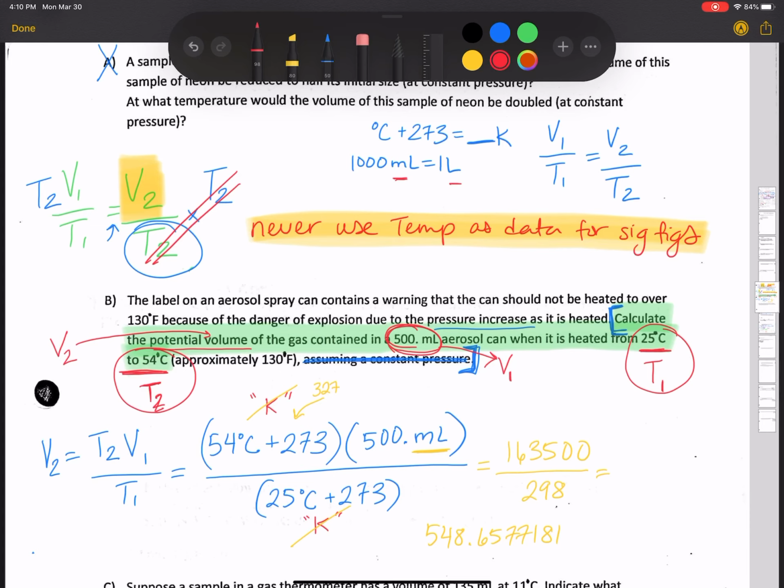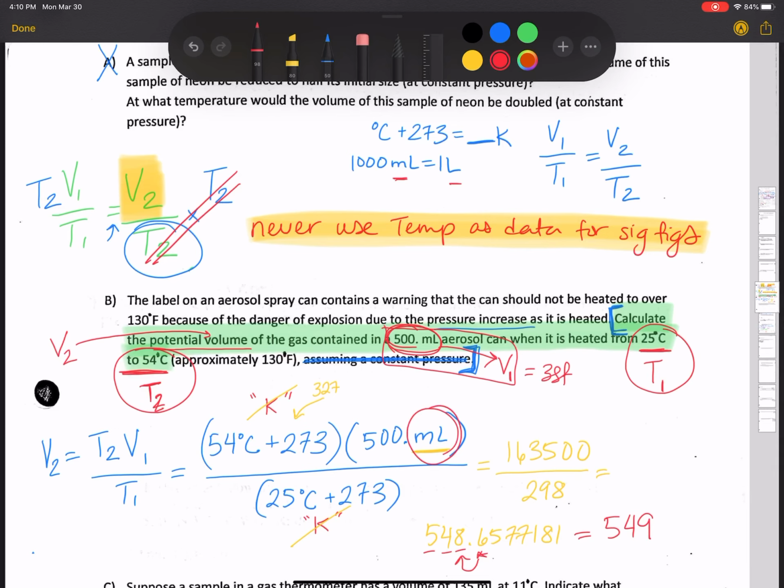This time around, I only had one piece of data, which was 500 point. So that means my sig figs is 3 sig figs. If I go to this question and I need to deal with 3 sig figs, that means my 6 is going to round up my 8, and my final answer is going to be 549.